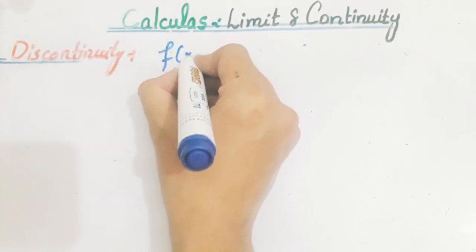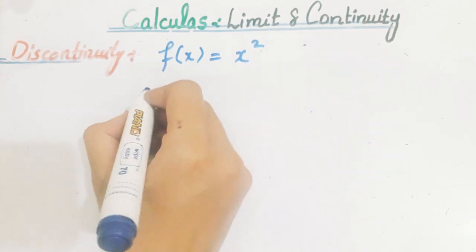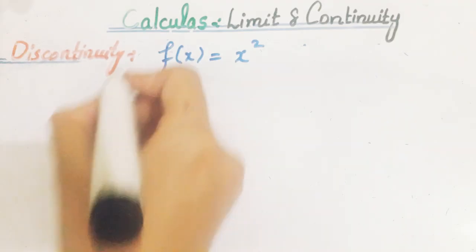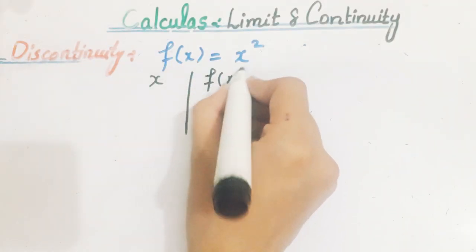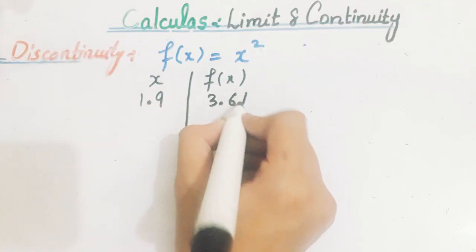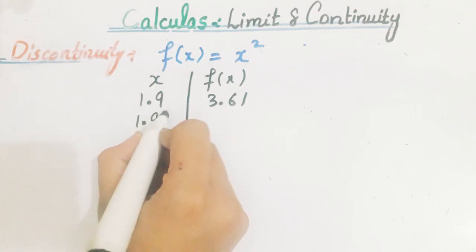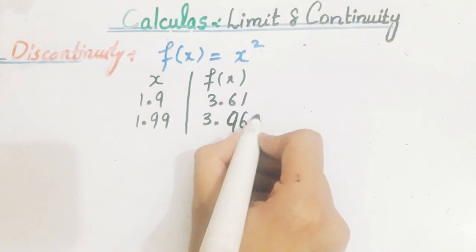Like consider a function f of x equals x square. Now if we put different values in this function, like x equals 1.9, we will get 3.61. When we put 1.99, we will get 3.9601.